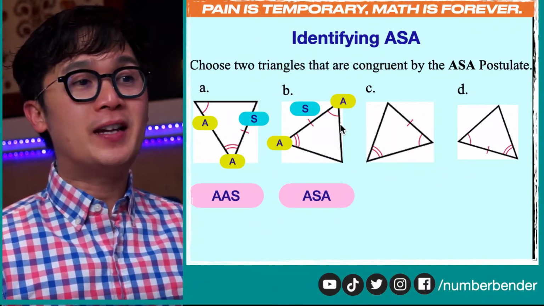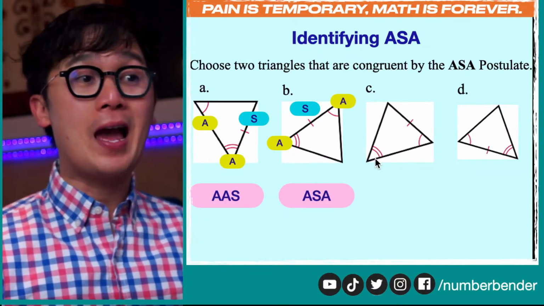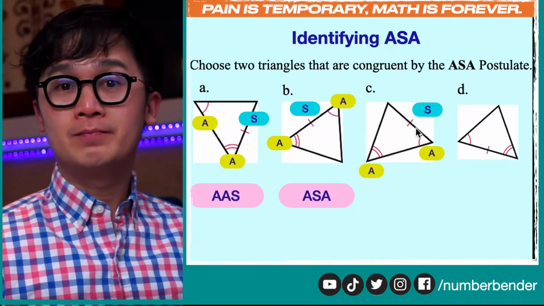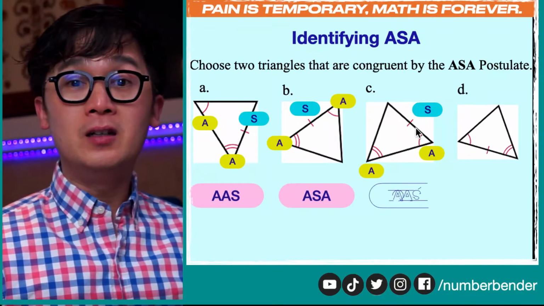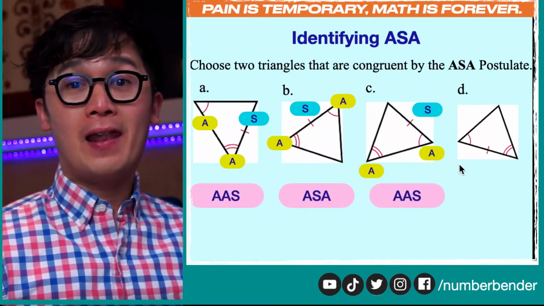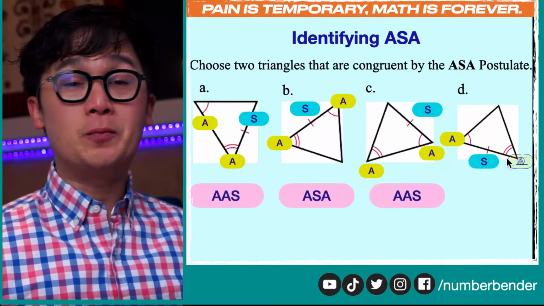So for triangle letter C, we are seeing another type of markings, but this time we have angle, angle, and side form in our triangle, so we will name it as AAS. And for the last triangle, we are seeing the angle, side, angle to be congruent.